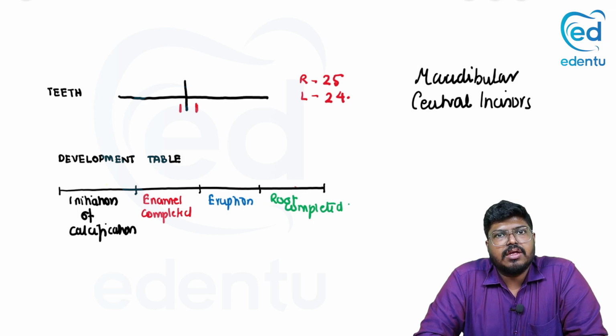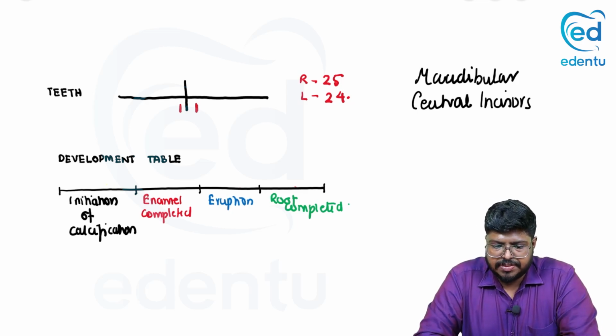When compared with each other, the mandibular lateral incisor is the larger tooth when compared to the mandibular central incisor. These incisors resemble each other in many ways, especially at the incisal-cervical, mesiodistal, as well as at the cemento-enamel junction.